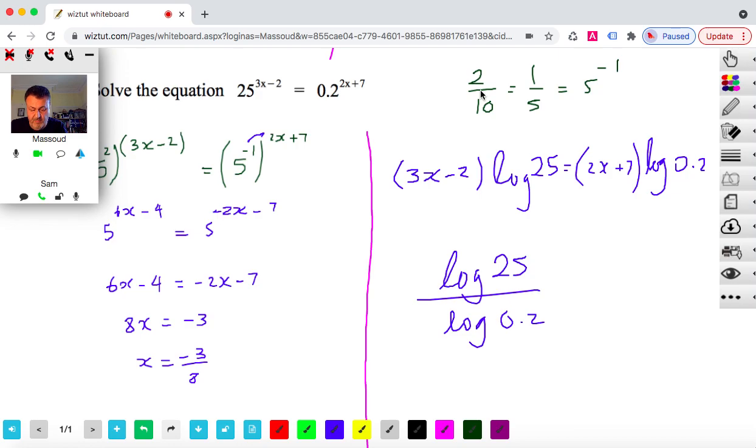On the top I type in log 25, and in the denominator I will put log 0.2, and you get minus 2.